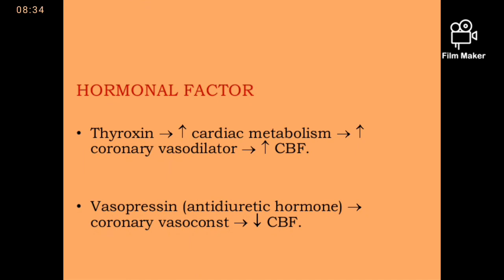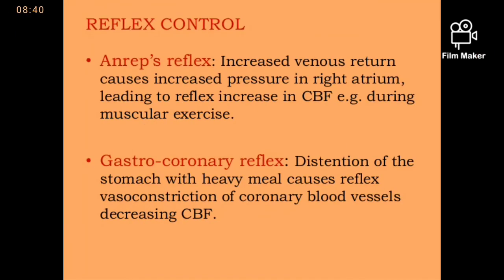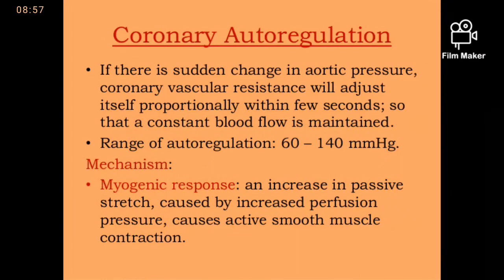Vasopressin and antidiuretic hormone act as vasoconstrictors. Then reflex control: Bainbridge reflex increases the venous return, causing an increase in pressure in the right atrium, leading to a reflex increase of CBF during muscular exercise. Gastrocoronary reflex also increases it.